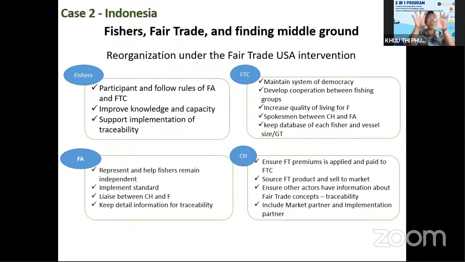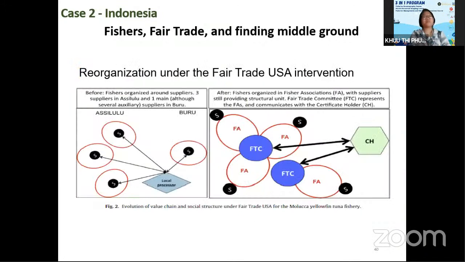Fair trade certification tries to improve and increase the income of fishers. It tries to support fishers to improve their knowledge and improve the implementation of traceability for tuna products from fishers along the supply chain.